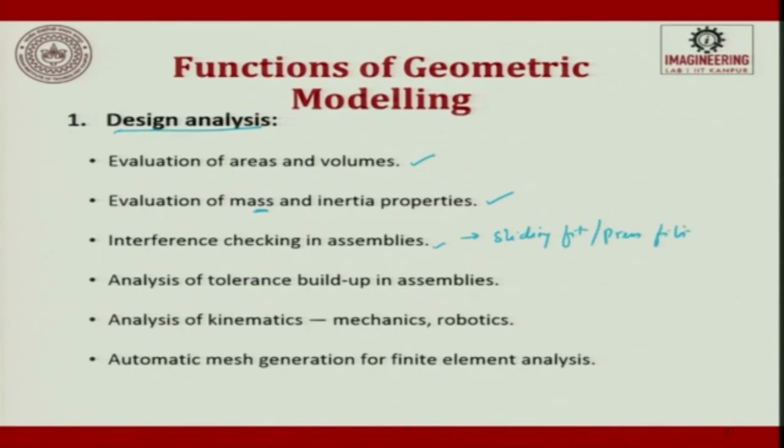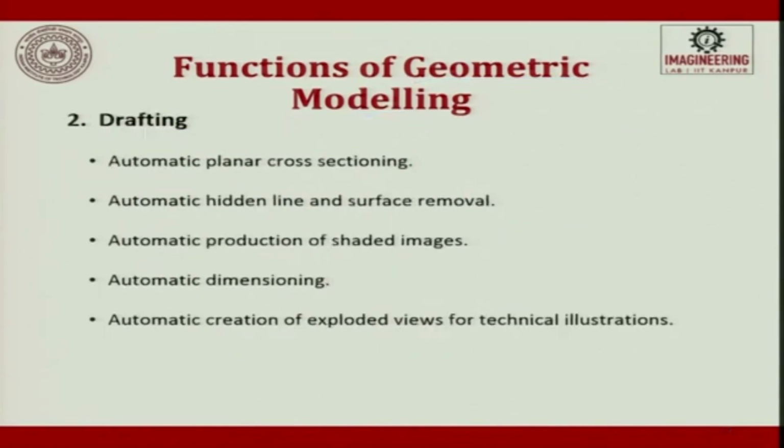So, interference checking in assemblies, then analysis of tolerance build-up in assembly, then analysis of kinematics like mechanisms and robotics, automatic mesh generation for finite element analysis. These are some of the design analysis where functions of geometric modeling are used.